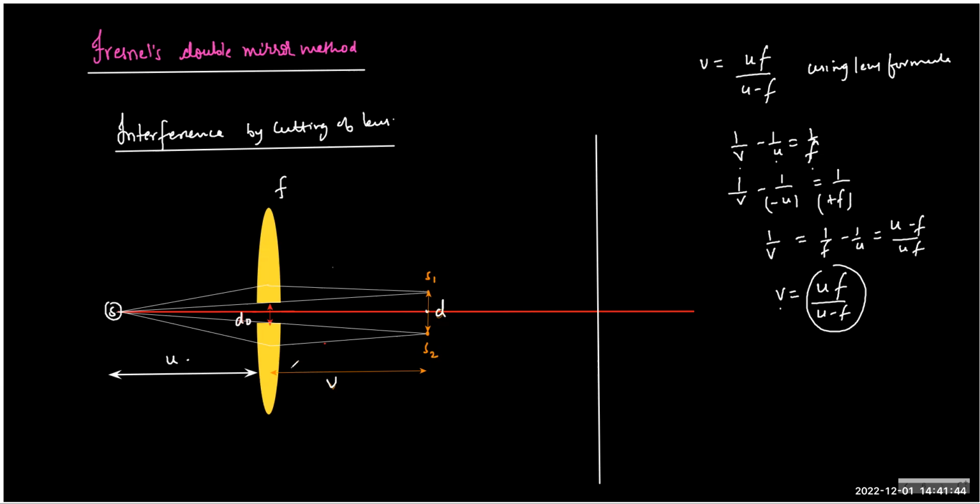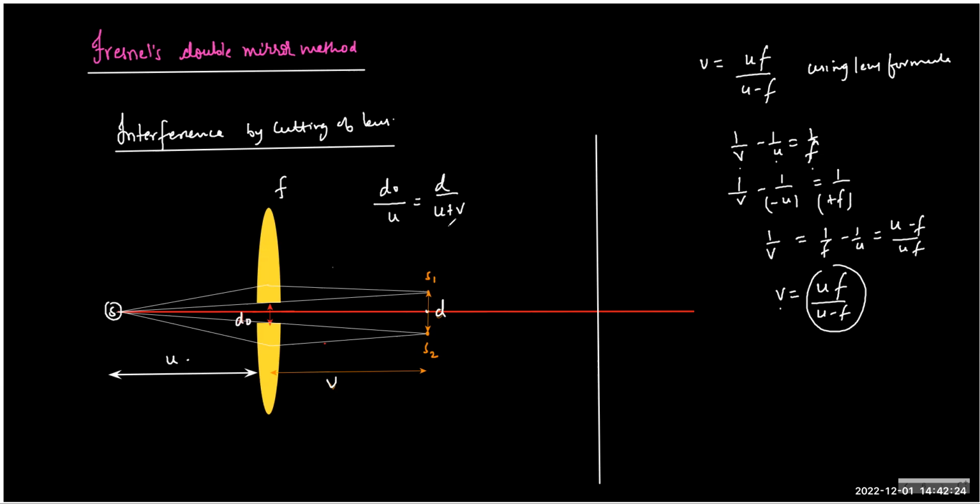We can relate easily by simple similar triangles. So we can say D naught upon U. Now you may be wondering why I'm taking D naught. Basically, the same source will act as object for both lenses. There are two lenses actually, upper lens and lower lens. For upper lens, the source is D naught by 2 below, right?